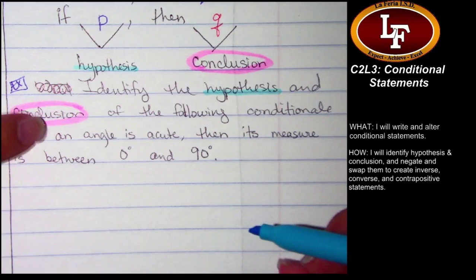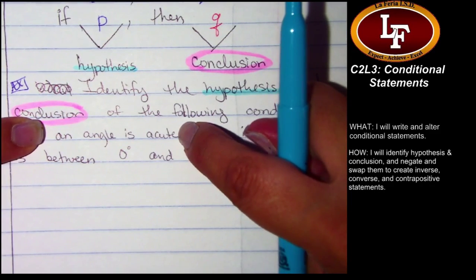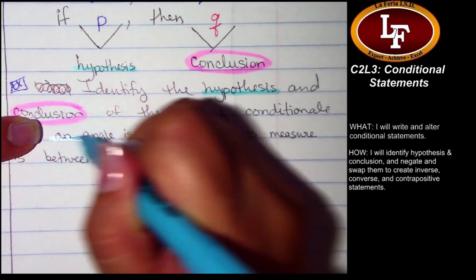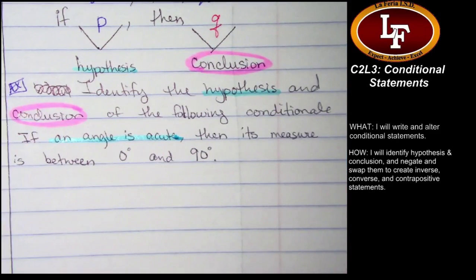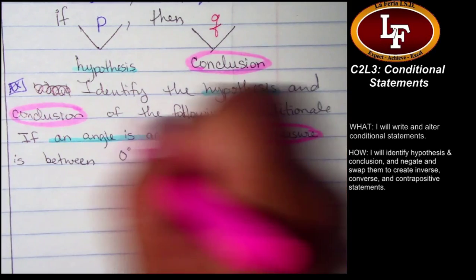So if I use that same idea, those 4 words are the hypothesis. So my hypothesis is an angle is acute. Which means the conclusion is the stuff after the word then, but before the period. Its measure is between 0 and 90 degrees.